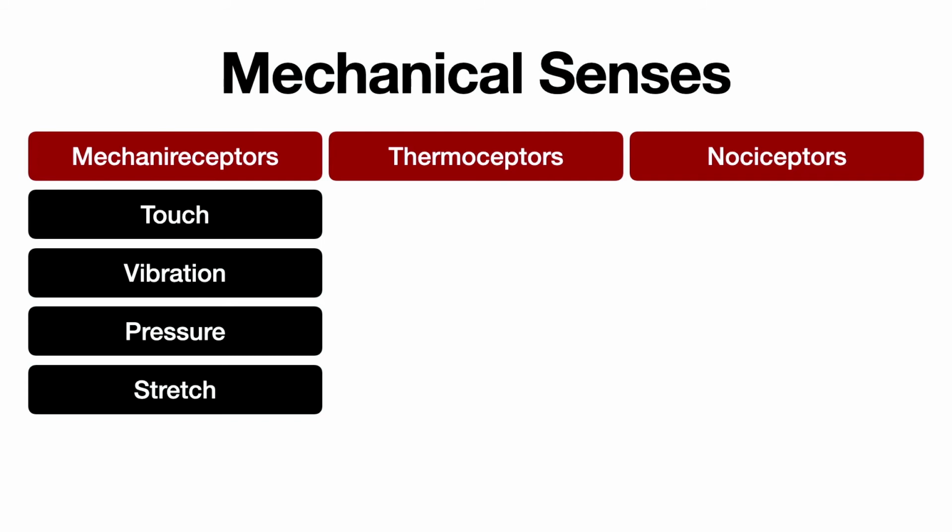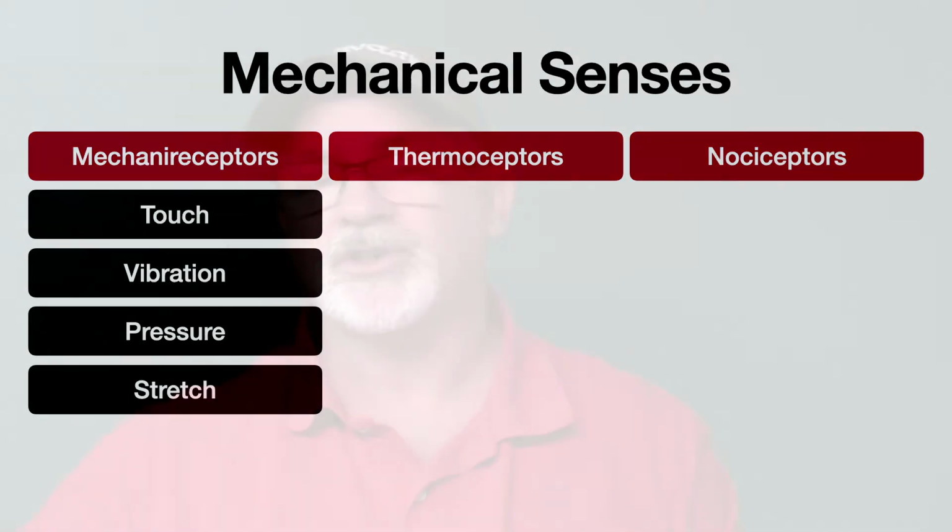In thermoceptors, we might be able to guess here's where we have our experiences of hot and cold. But an interesting thing about thermoreceptors and how they work is cold receptors and hot receptors are continually firing, maintaining our experience of what is the base temperature.